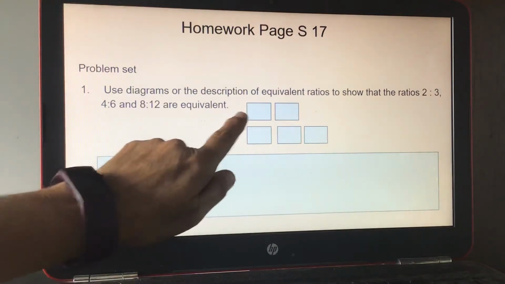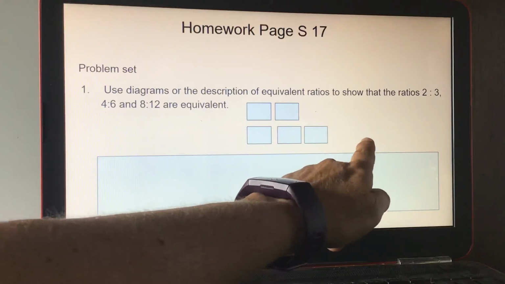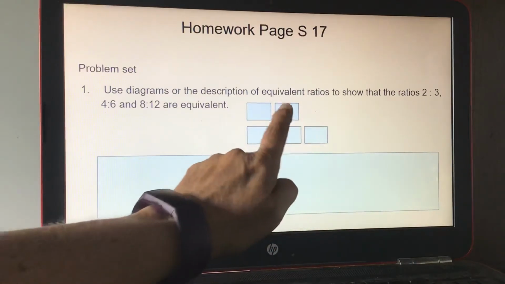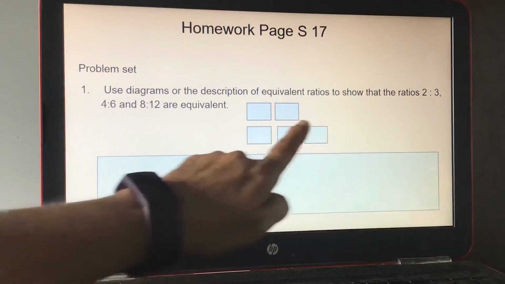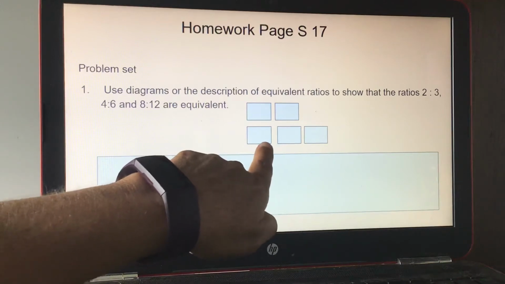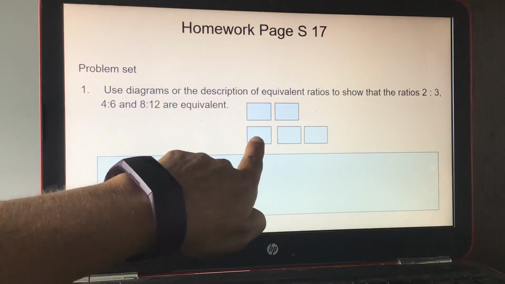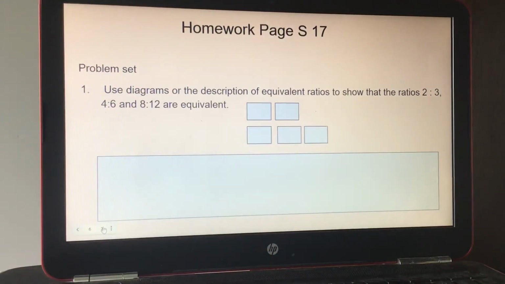And if I had 4 here, I would have 6 here, total. And if I had 8 here, 4 times 2, and I multiplied 3 by 4 also. That would give me 12 here. So yes, they are all equivalent.